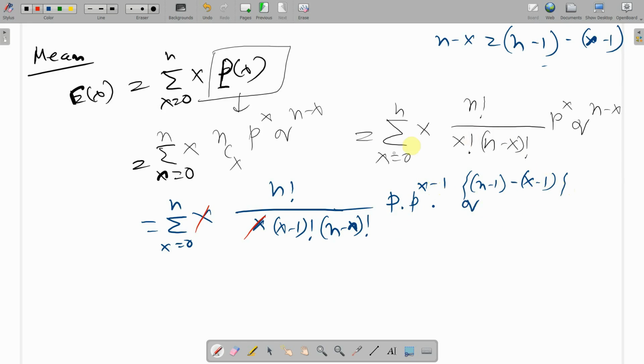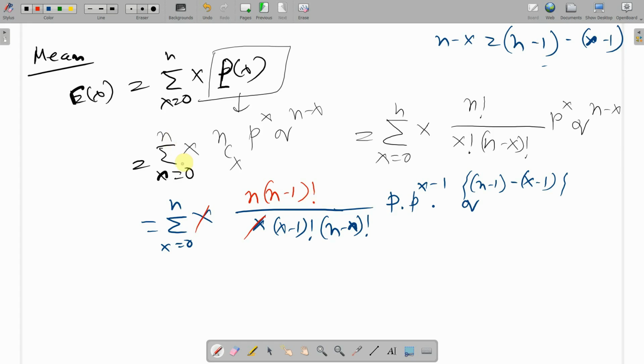I'm writing n minus x in this way. And this n factorial, what I can do, I can also write n factorial in the similar fashion, that I will be writing n factorial as n into n minus 1 factorial. If you didn't understand this part, just let me know. Actually, I am simplifying it according to my needs.